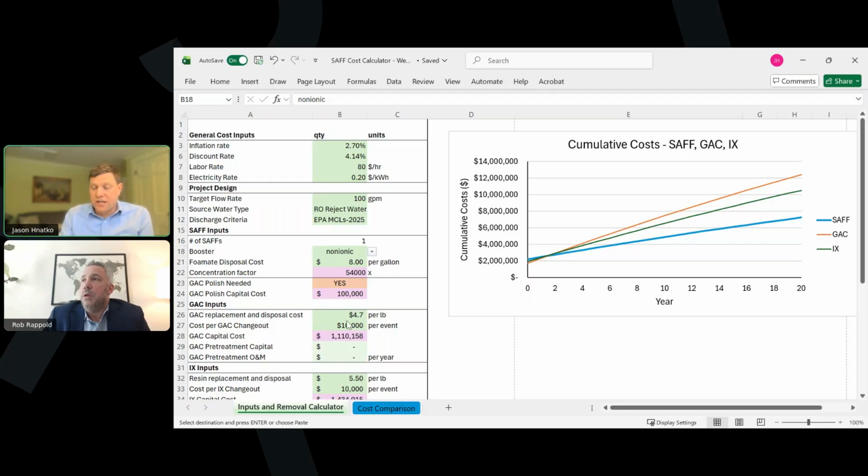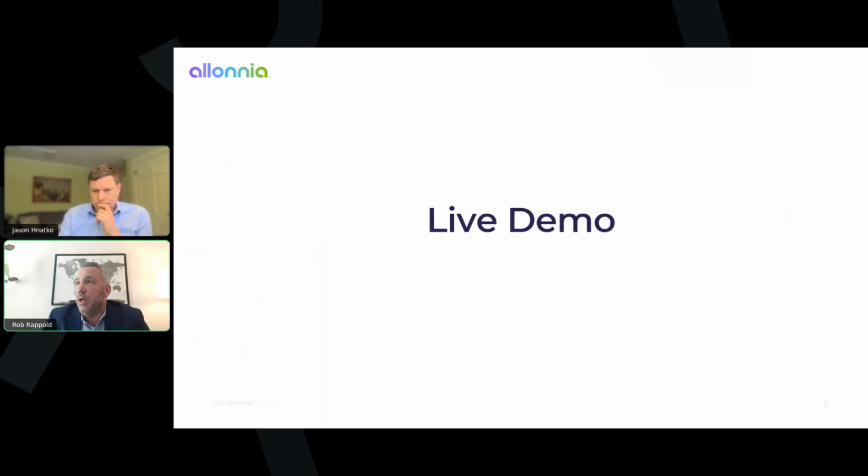But if you just changed your capital cost to match what your ion exchange capital cost would be, and then changed this cost to be the same, the carbon versus the IX, it would functionally do what you're asking it to do. I would just say to the person that asked that question, if this is a scenario you're interested in, if you're thinking about foam frac SAFF and you're determining what the polish step would be, then reach out to us.